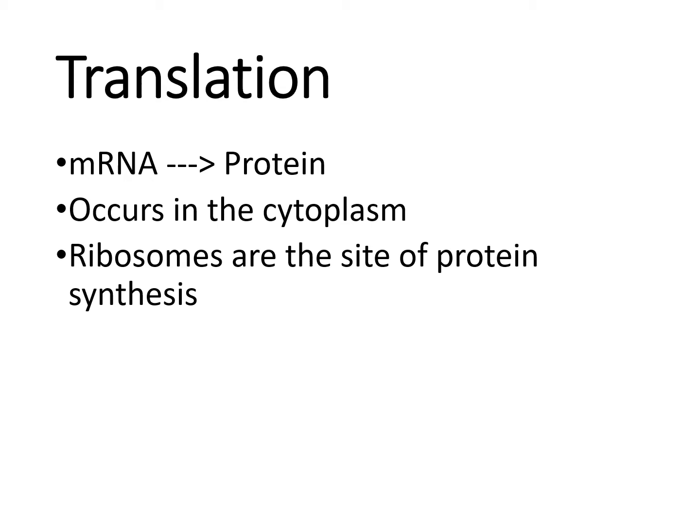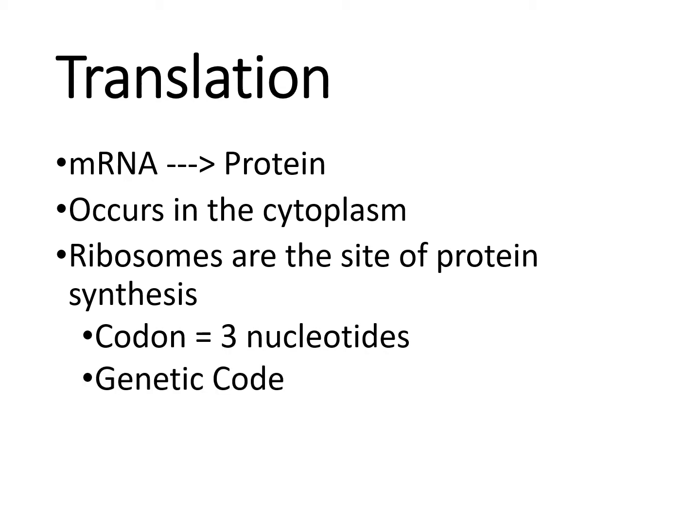And for translation to occur, you have to have codons, which are the 3 nucleotide sequences found in the mRNA. You need the genetic code, which correlates the codons to the actual amino acid. And then you need tRNAs, which will bring the appropriate amino acid to be put into the sequence to form the proteins.